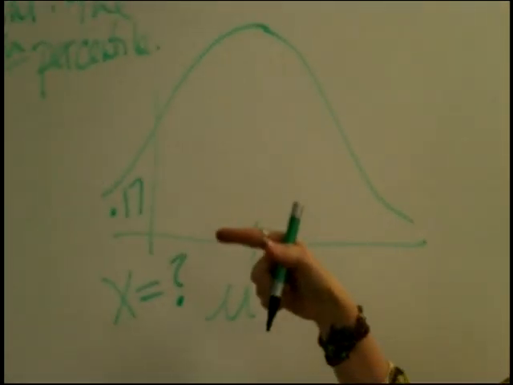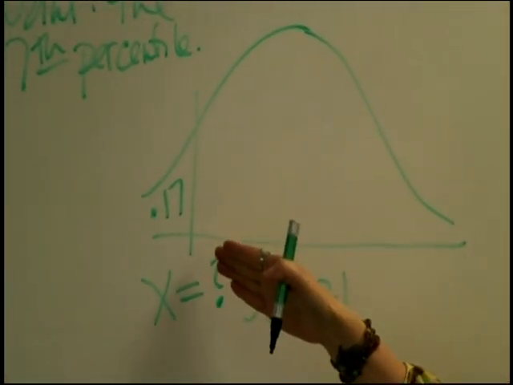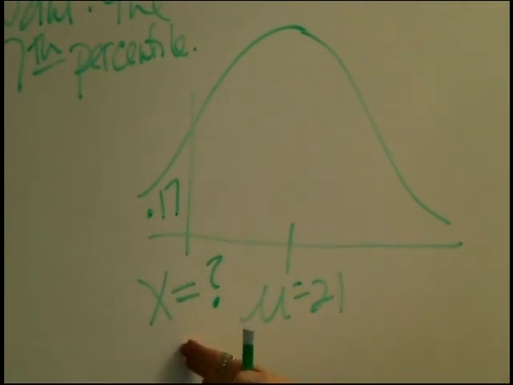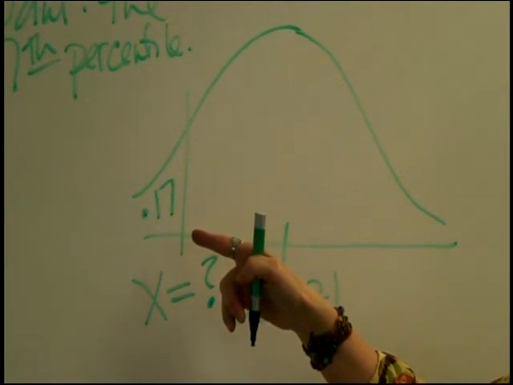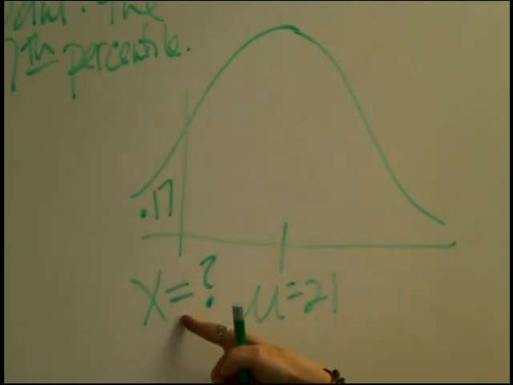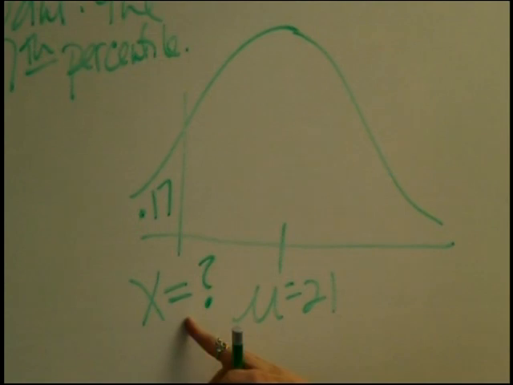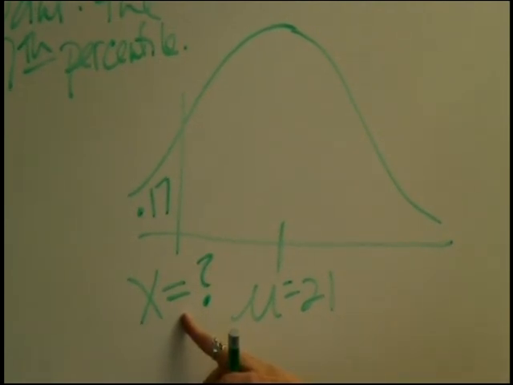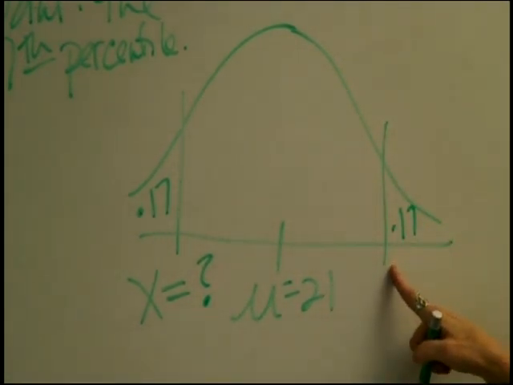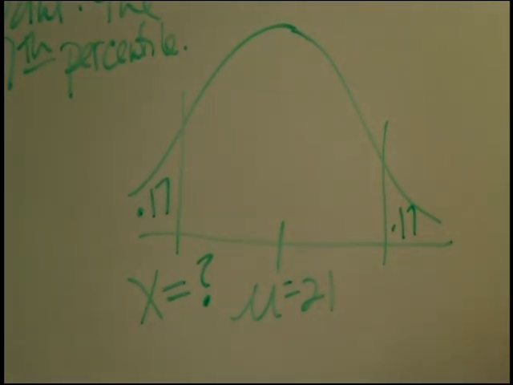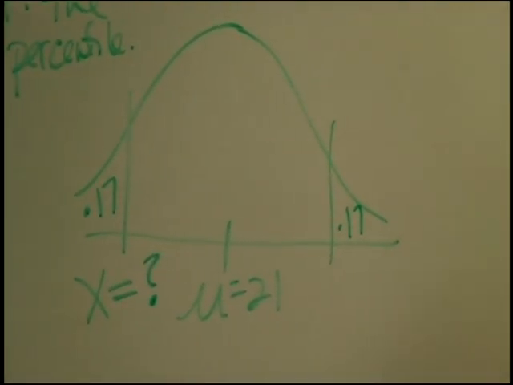So if 17% of the data is at or below the 17th percentile, that means 17% of the area under the curve is also at or below that cutoff value. If you did it over on the right, that would be the 83rd percentile, because whatever percentile it is, that much data is at or below, by definition.